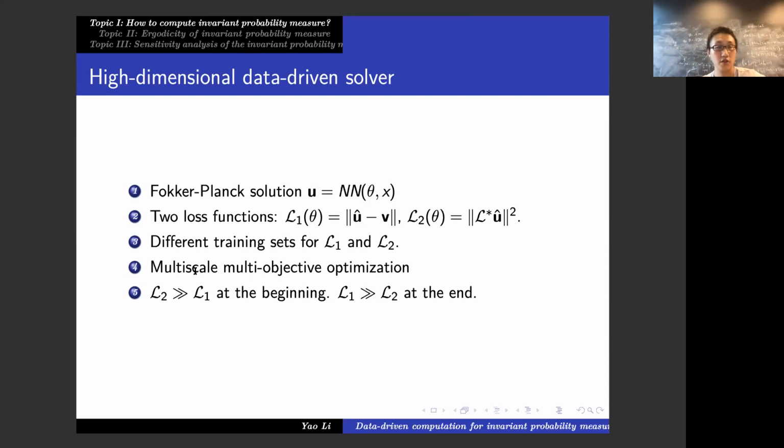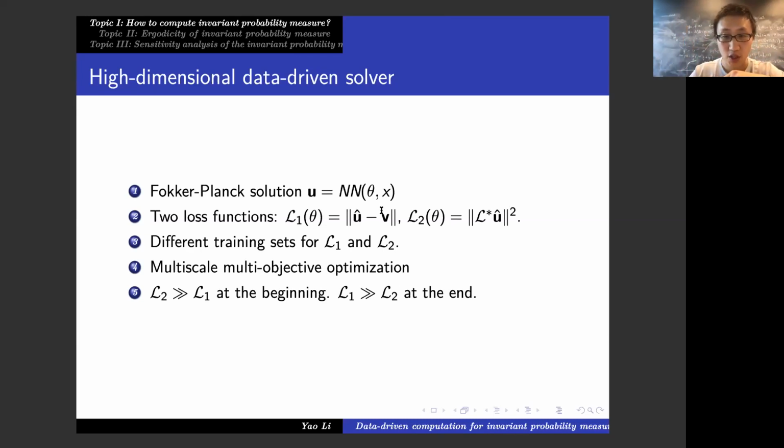So it's actually a multi-scale, multi-objective optimization because you have L1 and L2. L2 is much, much bigger than L1 in the beginning, because in the beginning, when you take the second order derivative of your neural network, it can be very far off from the real one. But when the training proceeds, it gets more and more accurate.